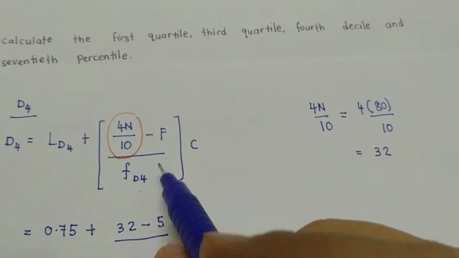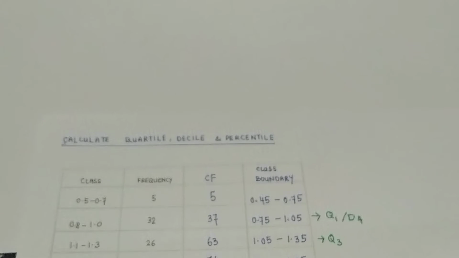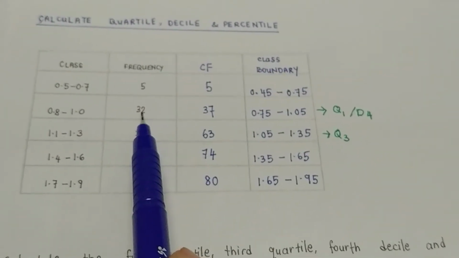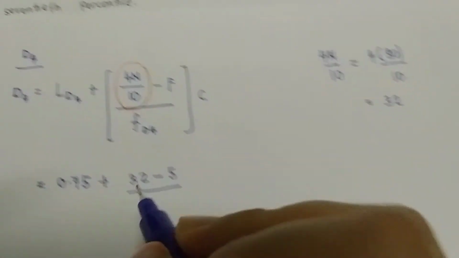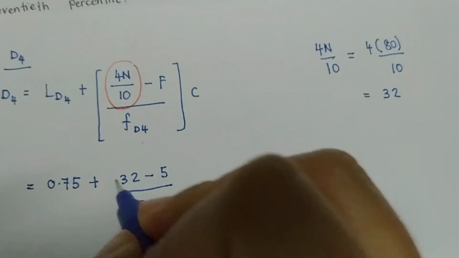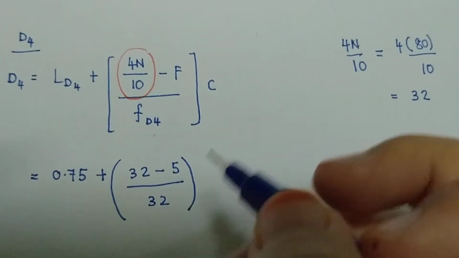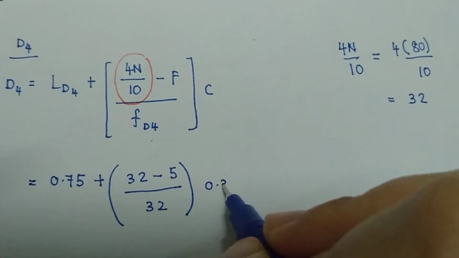Divide by the frequency of the D4 class, which is 32, and then times the size of class, which is 0.3.